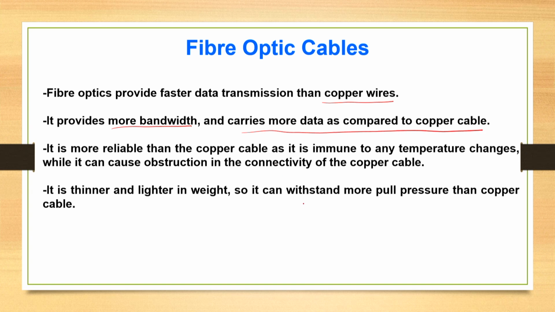It is more reliable because it is immune to any temperature changes, while temperature changes can cause obstructions in the connectivity of copper cable. It is thinner and lighter in weight, so it can withstand more pull pressure than copper cable. So, this was all about the fiber optic cable.